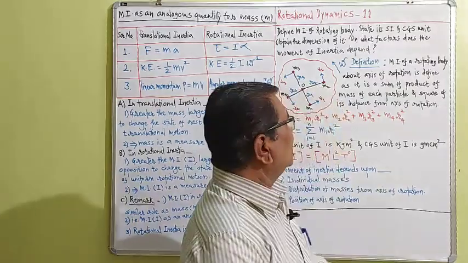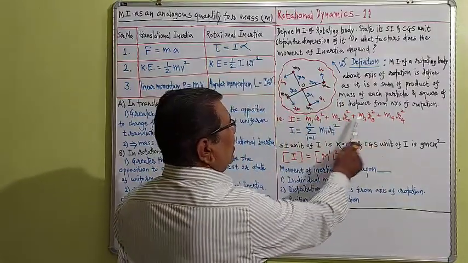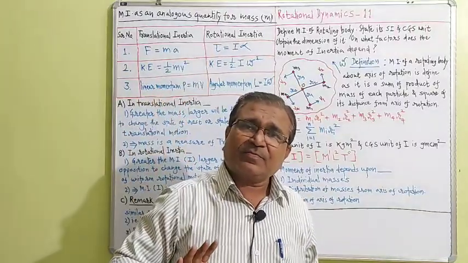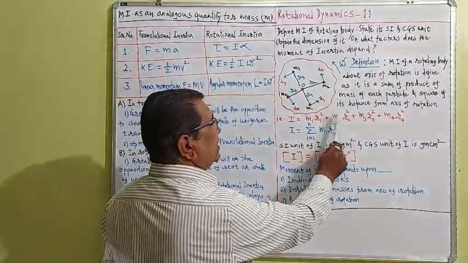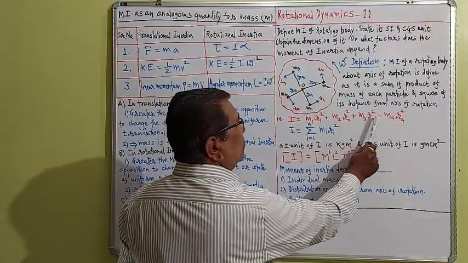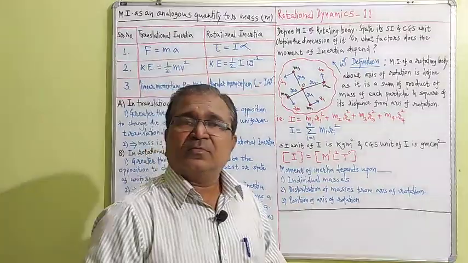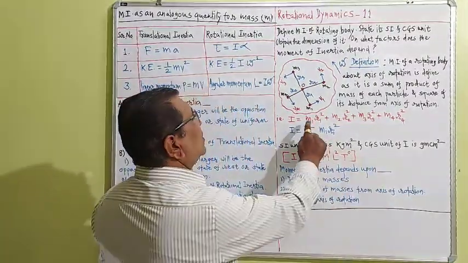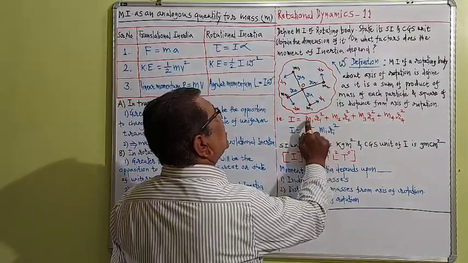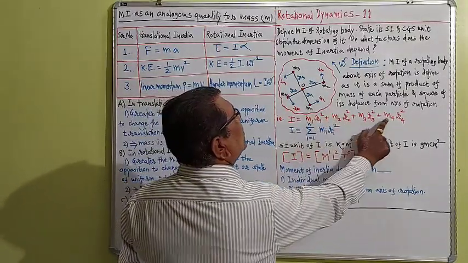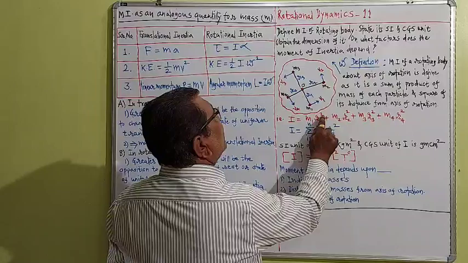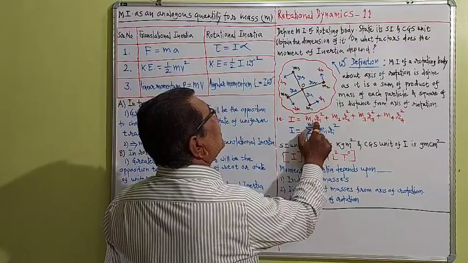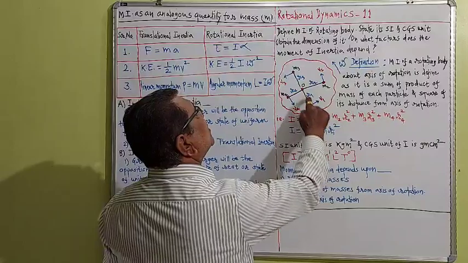See here, the formula is like this. Moment of inertia is denoted by capital I, and it is a sum. What is the sum? Sum of product of mass of each particle and square of its perpendicular distance from the axis of rotation.